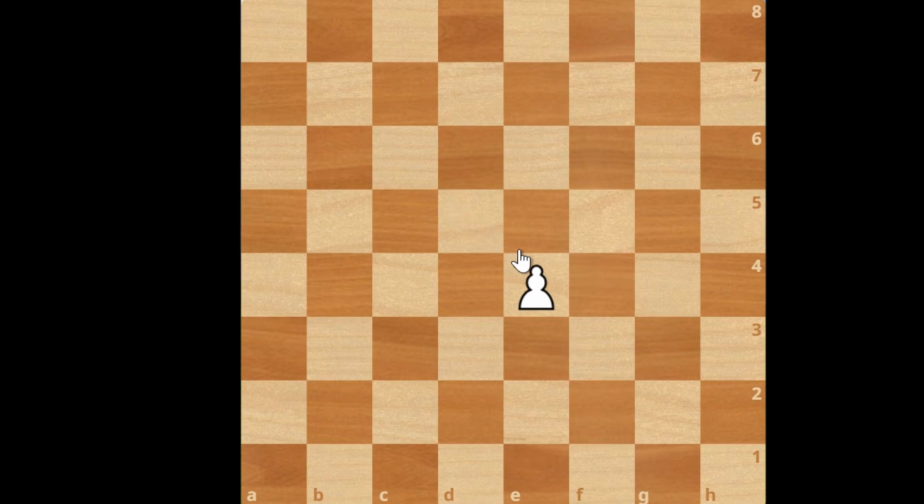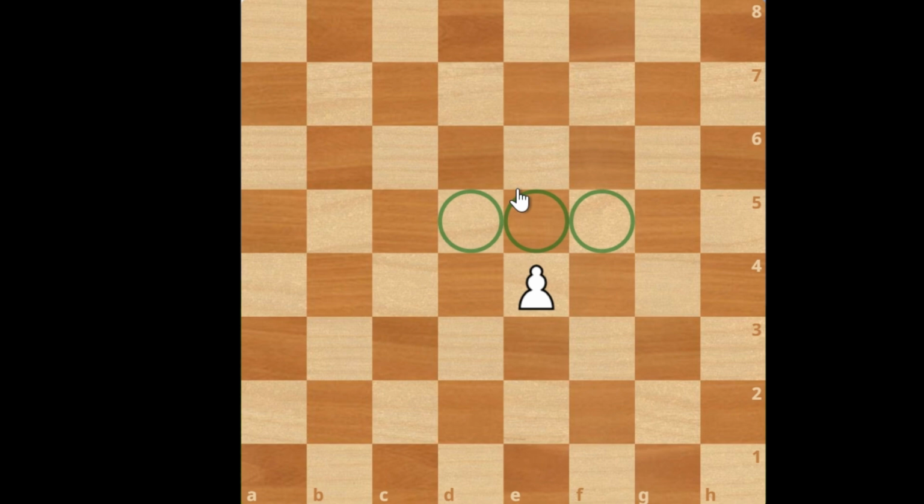So the available moves are these. These three squares can be played. In this, the square right in front of him is where he can move. And the other squares that are not right in front of him but diagonally in front of him, those can be captured instead.